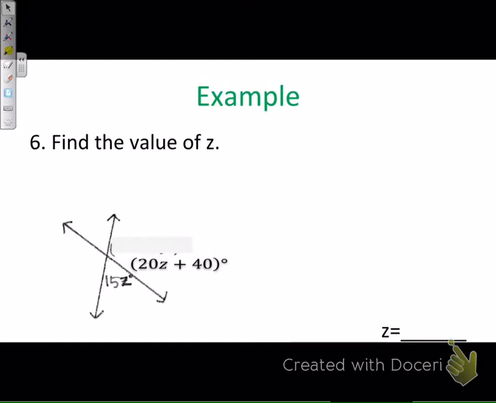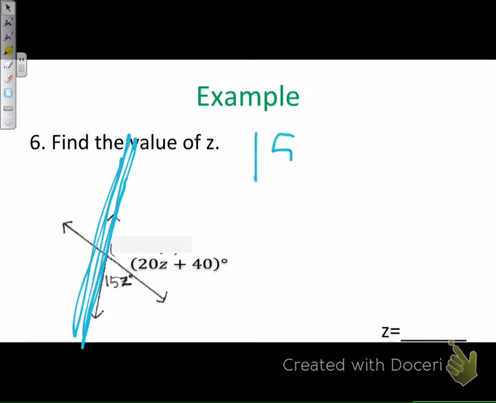So find the value of z. What we know is these two right here, they're a linear pair. So they're always going to add up to 180 since there is a straight line right here. So we're going to set this up. 15z plus 20z plus 40. Oh, that's bad, guys. Let me write this better.